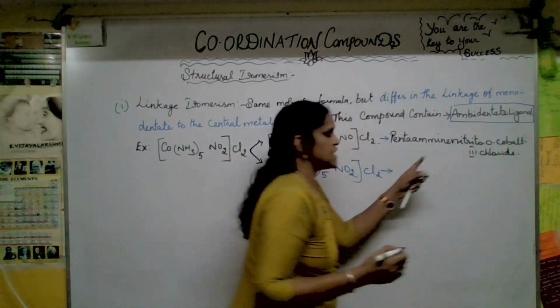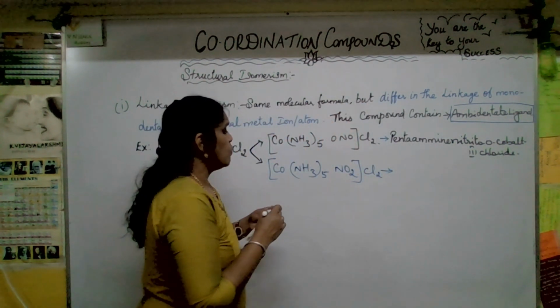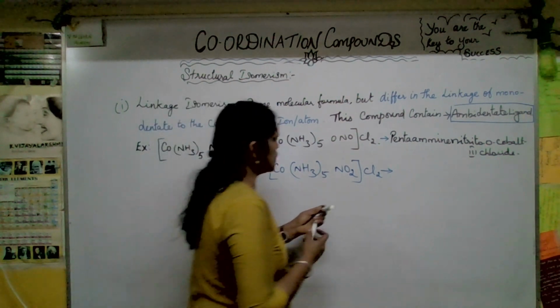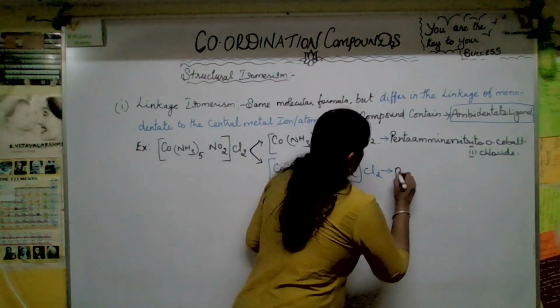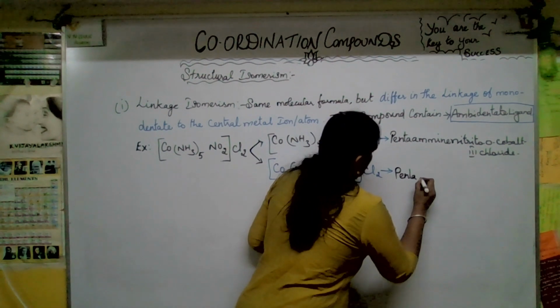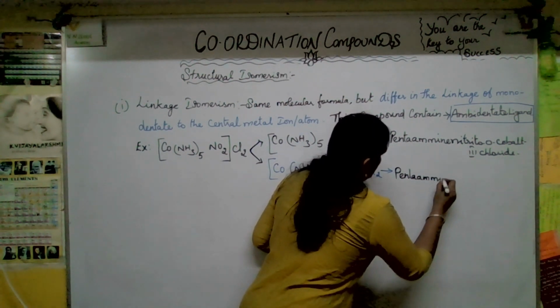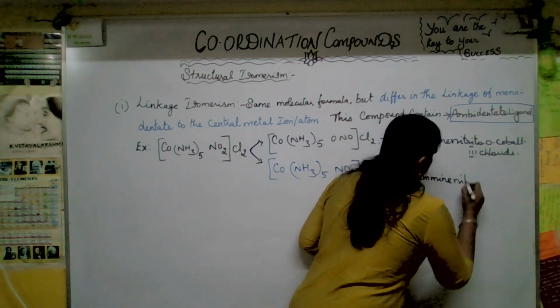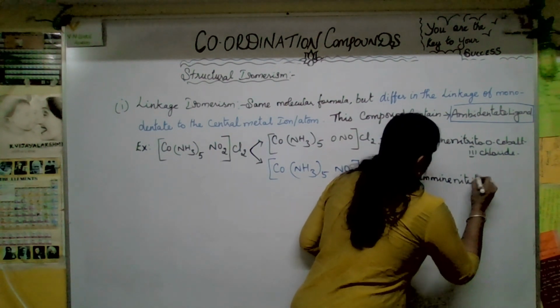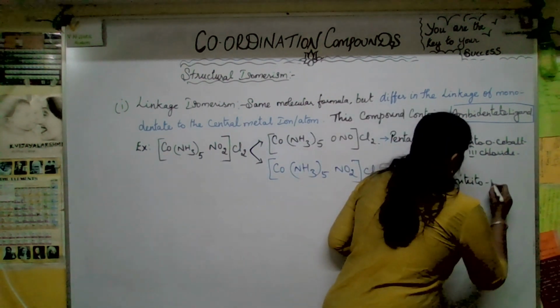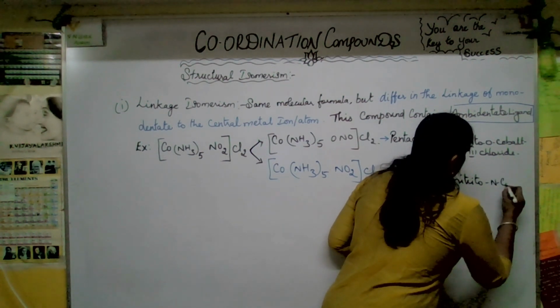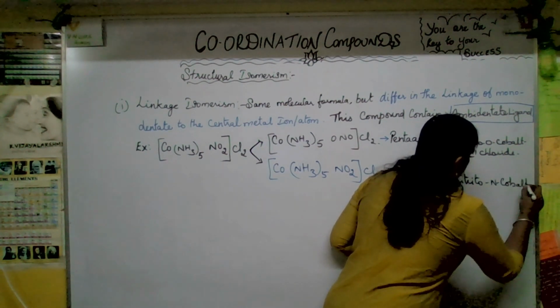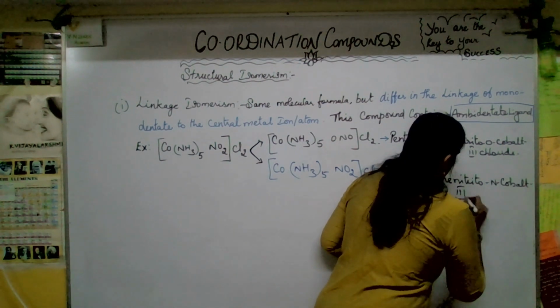See, oxygen is attached to that central metal ion. Whereas here, pentaamminenitrito-N-cobalt(III) chloride.